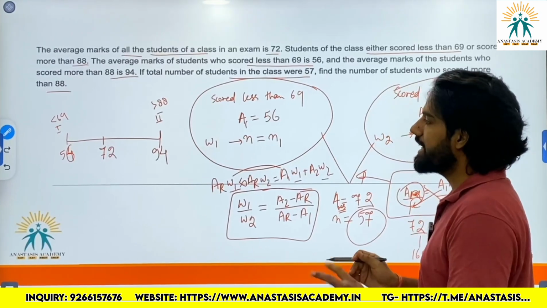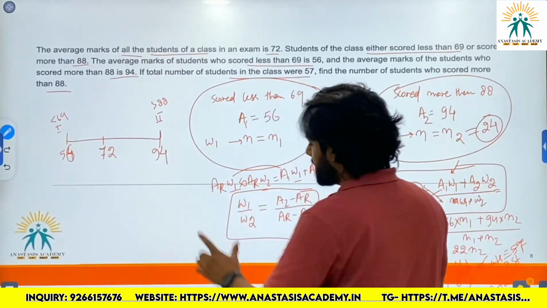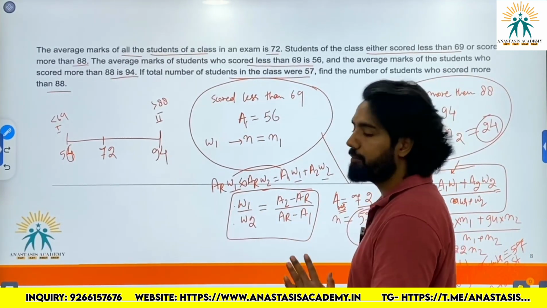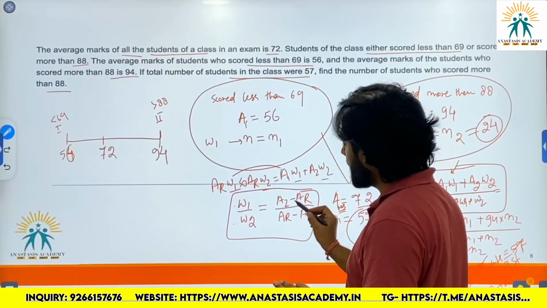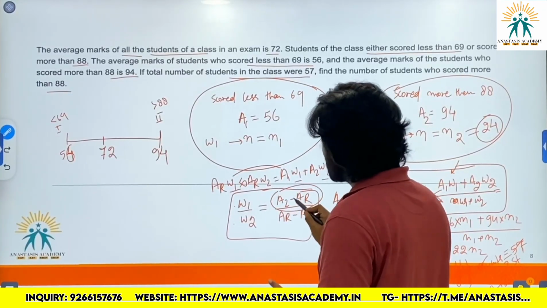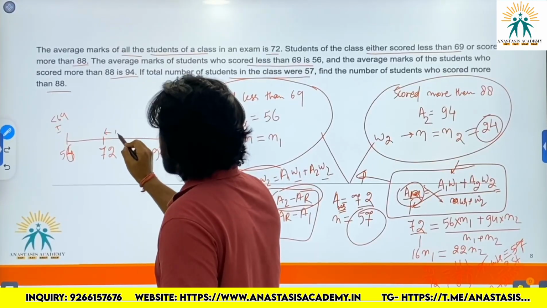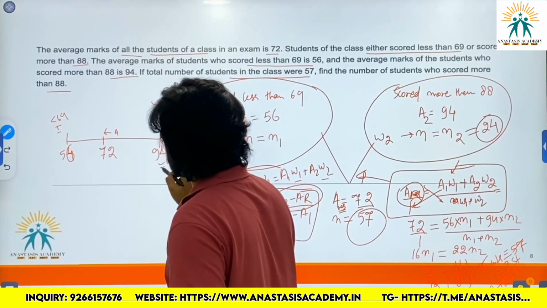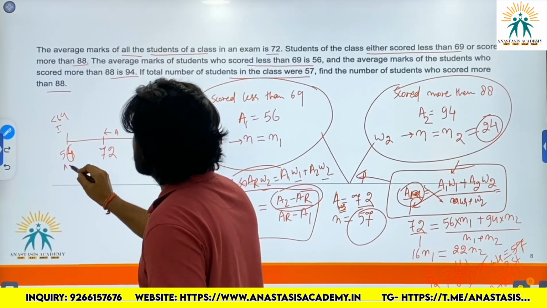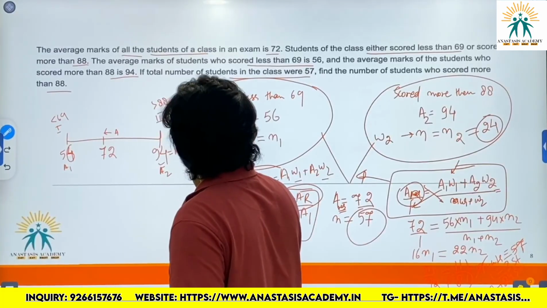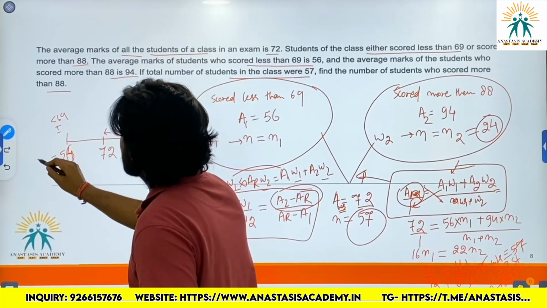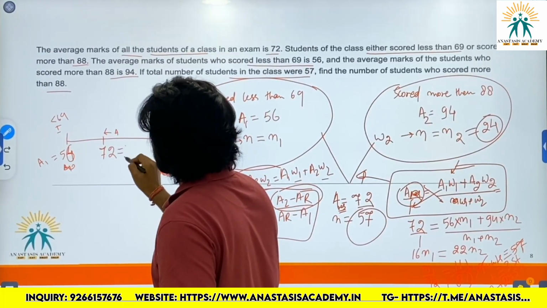So the weights in which these two lots are mixed, W1 and W2, are the differences: this is A2, this is A1 and this is AR.